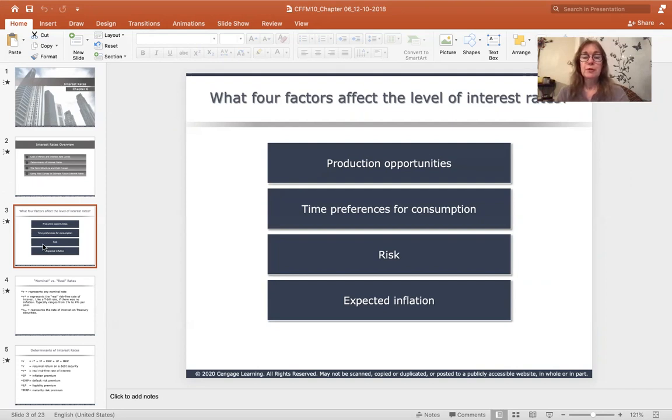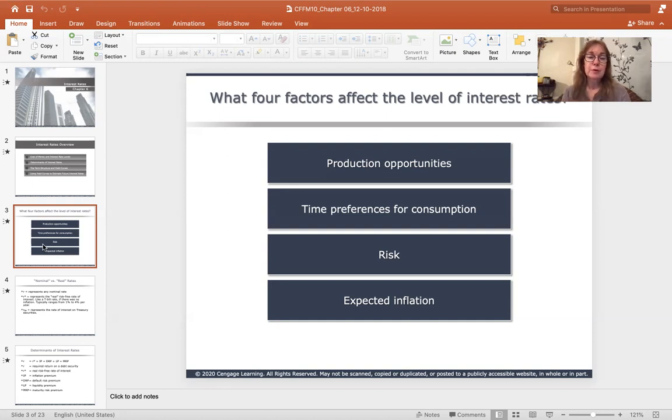Time preferences for consumption. What that deals with is, as consumers, when we put money in a savings account, when we save money, that's money that's available to be loaned out in the capital markets. So if we have a current time preference for consumption, we're not going to be saving much money.